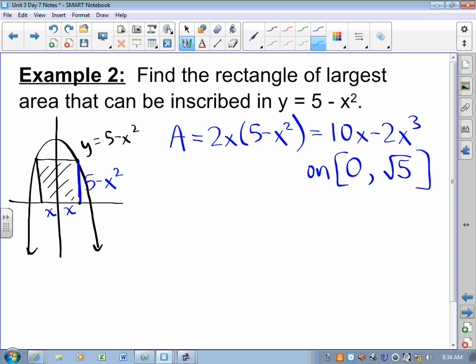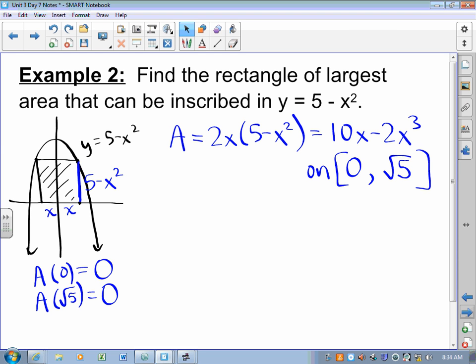So I know that if x is 0, the area of the rectangle is 0. And I know if x is square root of 5, then the area of the rectangle is 0. So what I'm really interested in is a critical point inside the interval. Critical points happen where the derivative is 0 or undefined.